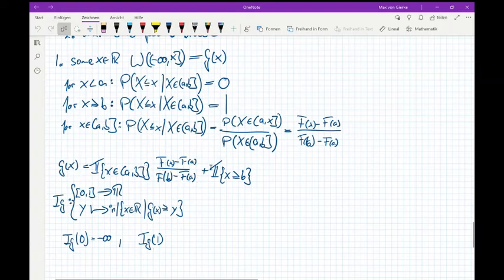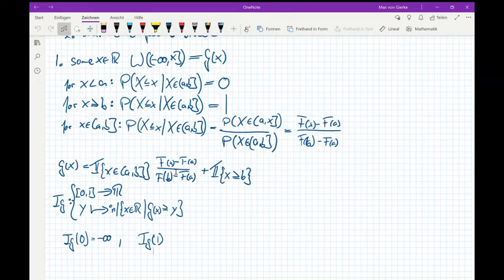When is this expression here 1? Obviously when x is b, then it's 1. Can it be 1 at some other value?